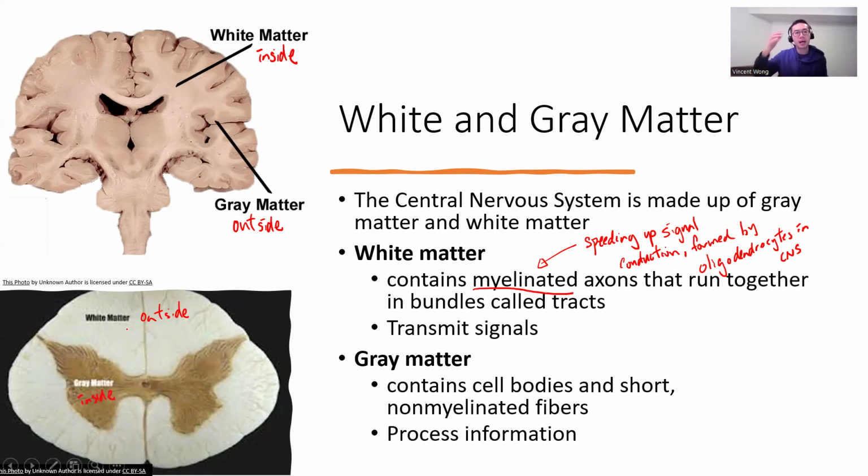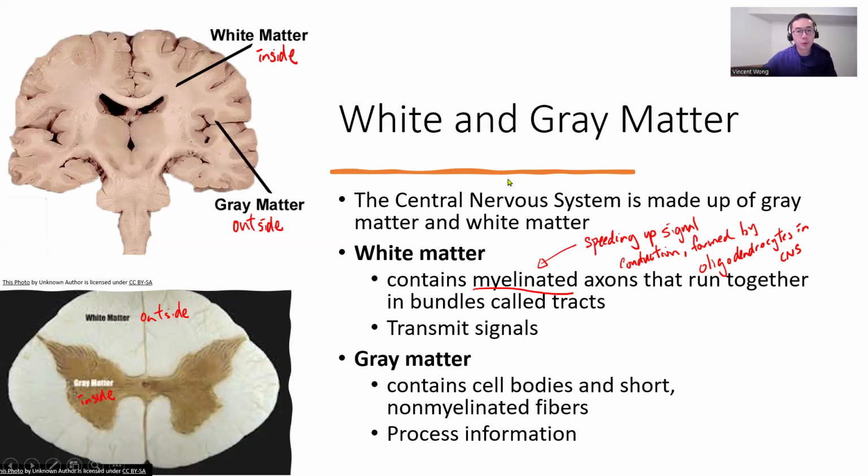So keep that in mind as we discuss the structures and functions of the brain and spinal cords, whether we are looking at gray matter or white matter, because that's going to determine the function of those various structures. Is it responsible for processing information, or is it primarily just for communication? So white is for communicating, gray is for thinking, if you would.